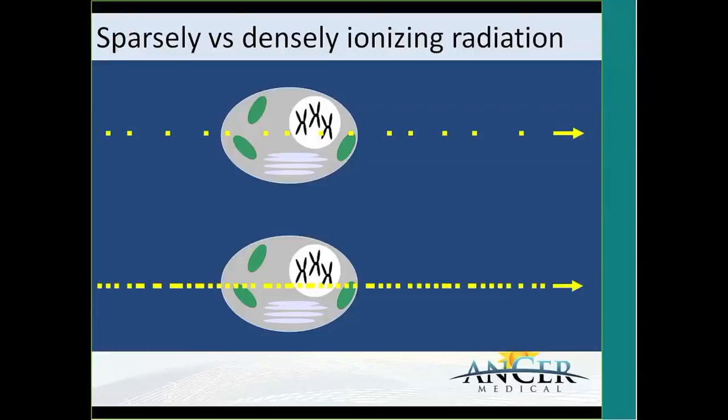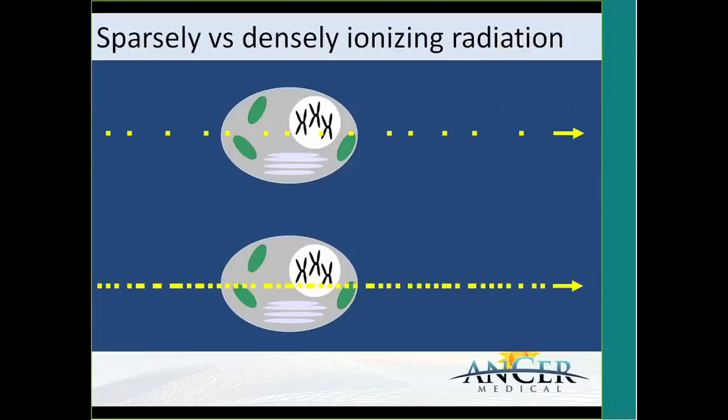Or you can have other particles that are very densely ionizing, and there's obviously a whole range between sparsely and densely ionizing radiation. And what we're going to talk about is sparsely ionizing radiation. We're talking about photons. And so all photons are sparsely ionizing.